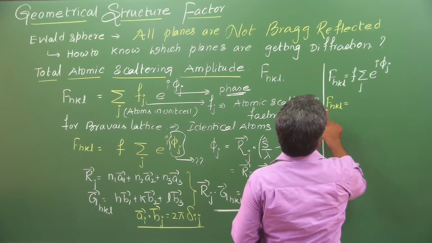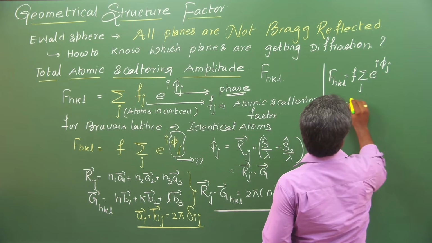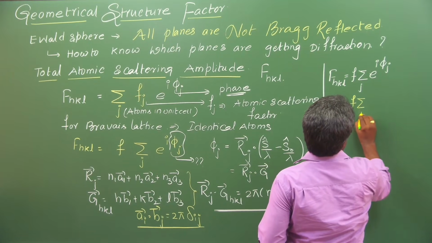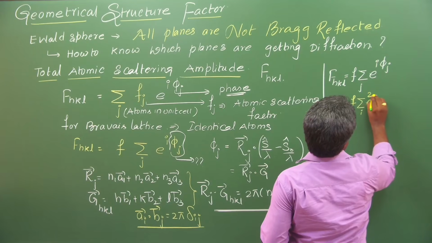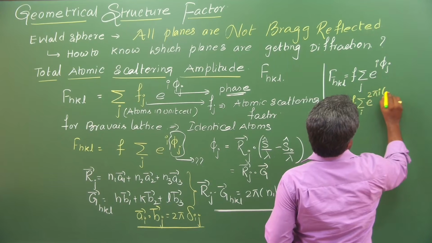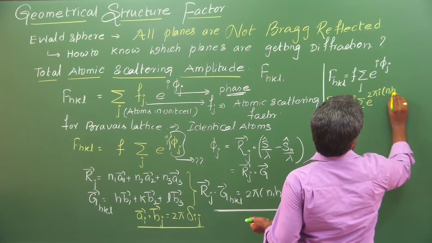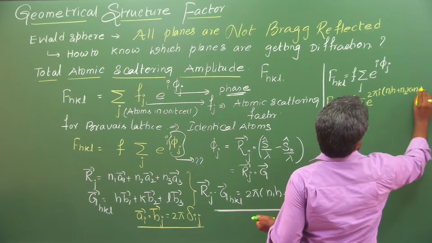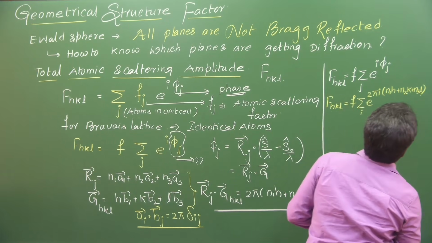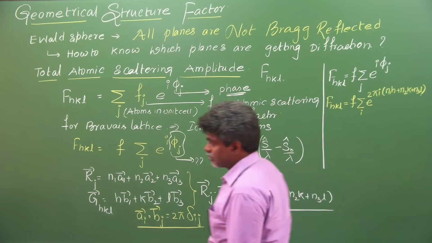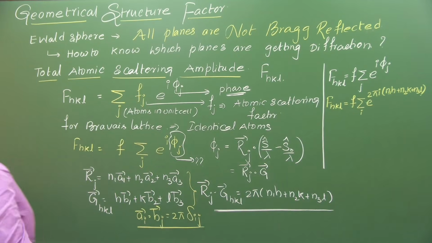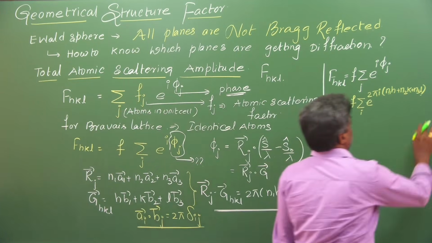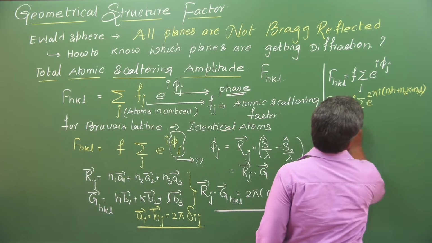This is the scattering amplitude: e raised to 2 pi i, that phi j we just defined, (n1 h plus n2 k plus n3 l). This is what we get.